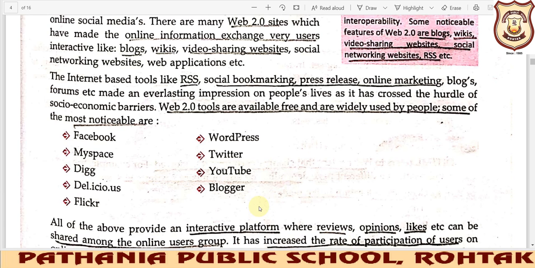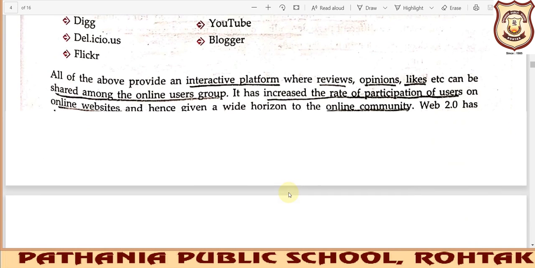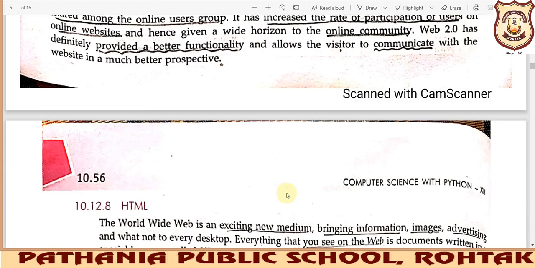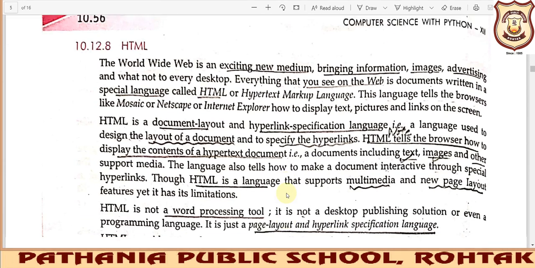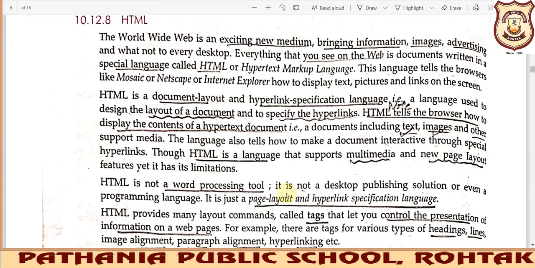It is providing an interactive platform where the client can give reviews and opinions. The noticeable features that Web 2.0 provides are Facebook, Flickr, WordPress, Twitter, YouTube, Blogger. They are all very interactive features of Web 2.0, and with the help of this, the speed of the internet has been enhanced to a much greater extent.